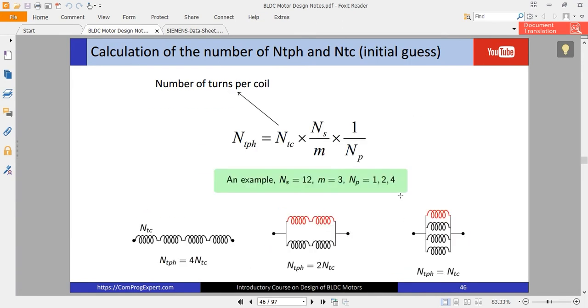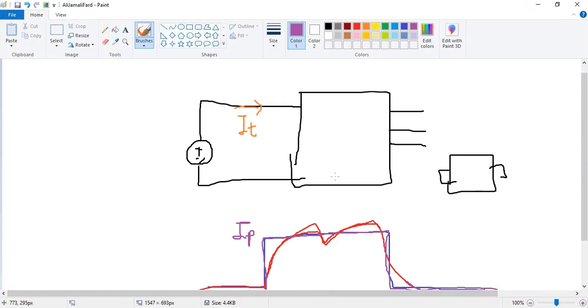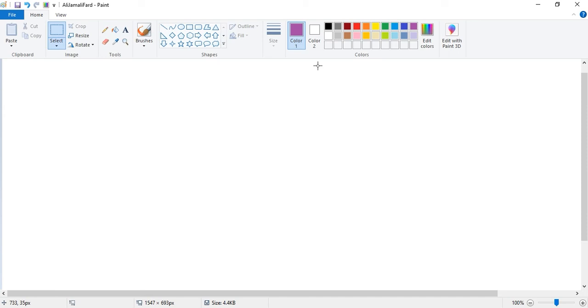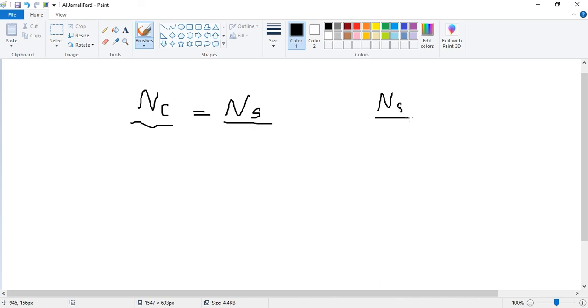A BLDC motor is a double layer winding. And as you know, in a double layer winding, number of coils, total coils, is equal to number of stator slots, NS. And number of coils in each phase is equal to NS divided by 3, because this is a 3-phase motor.